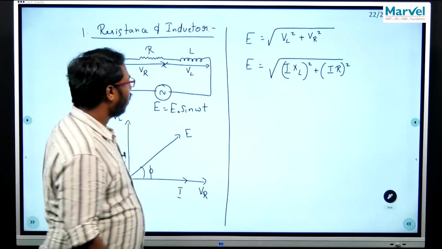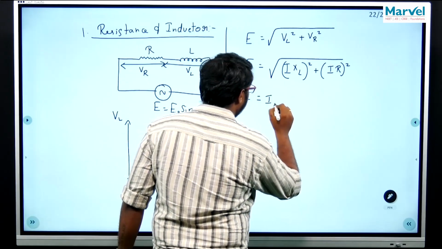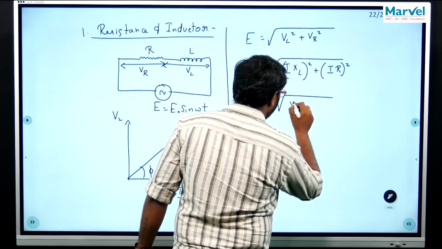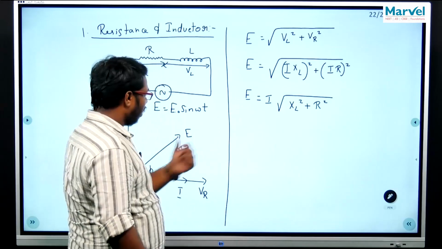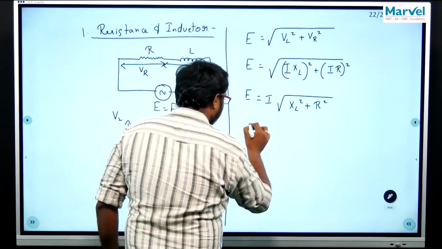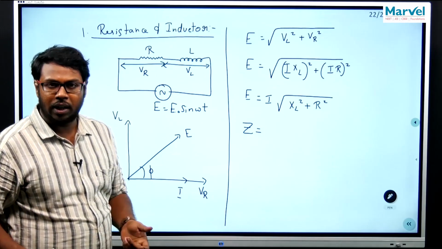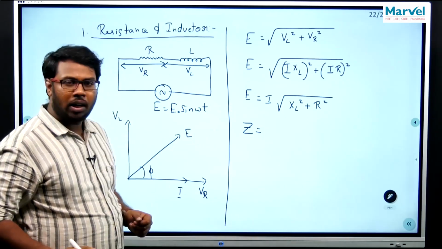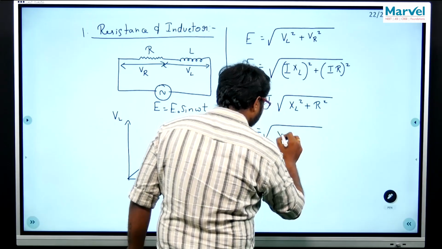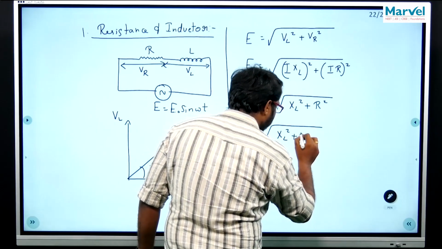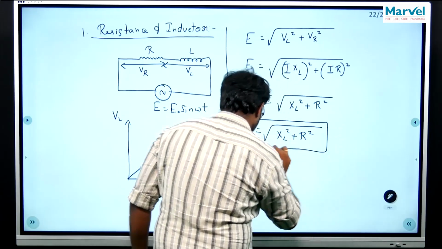I am going to pull my I out, where E is equal to I into root of XL square plus R square. E by I is your impedance Z, which is equal to root of XL square plus R square.